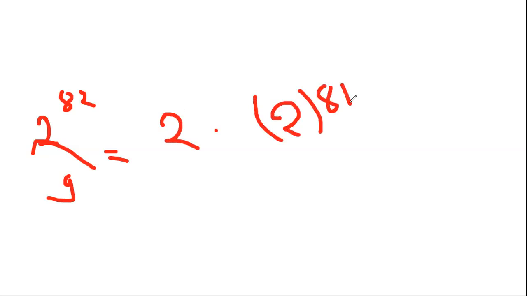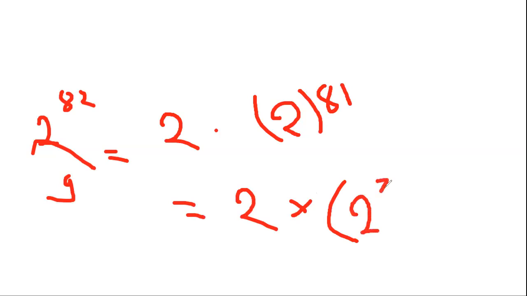Now I want an 8 here. So how will 8 come here? In order to get an 8 here, I need a 2 cube here, right? So you can write the same expression as 2 multiplied by (2 cube) to the power 27, and then divided by 9.